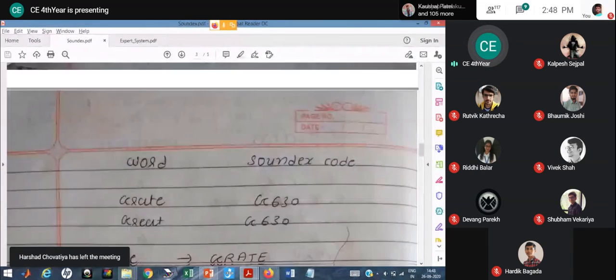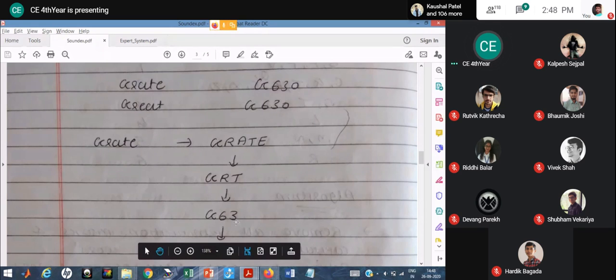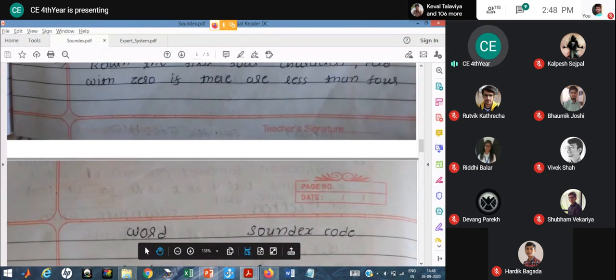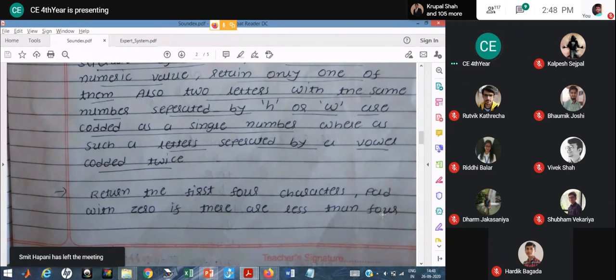Okay, now after that, what answer do you get, everyone? This is G63. But see, why am I getting G630? Because in the Soundex algorithm, read the last line, everyone. Return the first four characters, padded with 0 if they are fewer than 4. The Soundex algorithm always returns the first four characters, padded with 0 if they are fewer than 4.